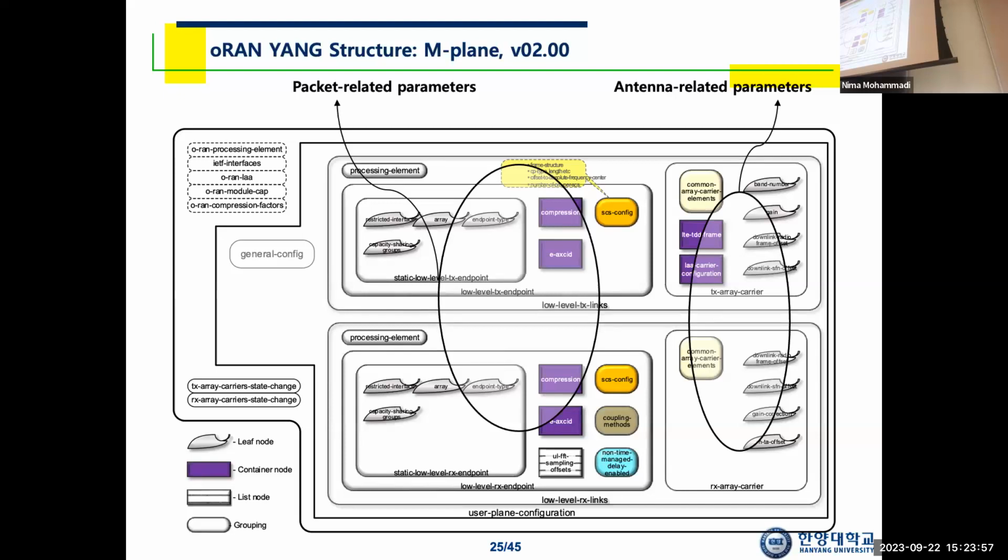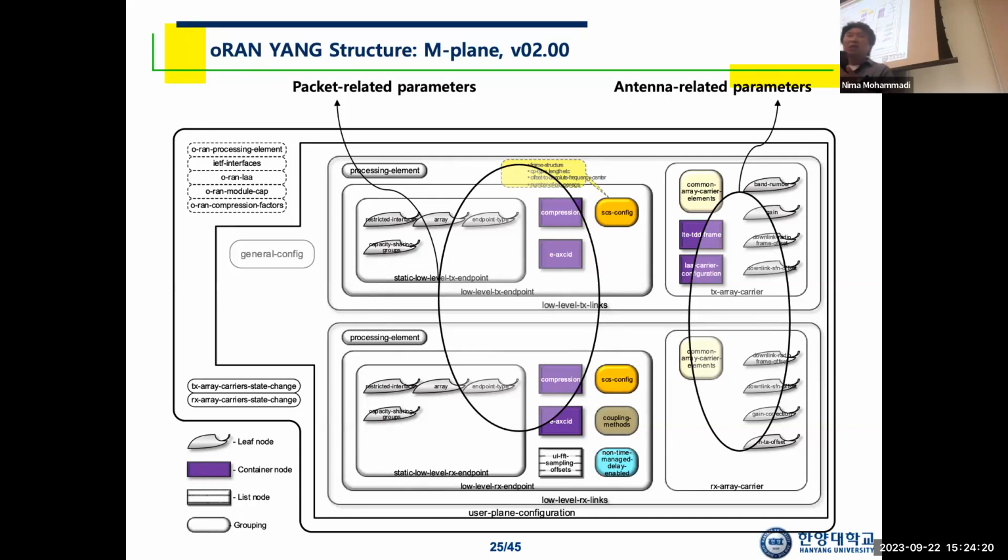How many antennas, carrier frequency specification, and timing information: you have to send the downlink signal at this timing, and you are expected to receive the uplink signal at this timing.